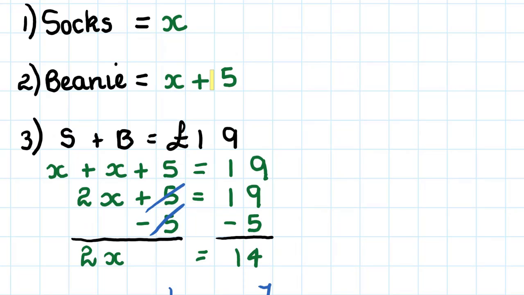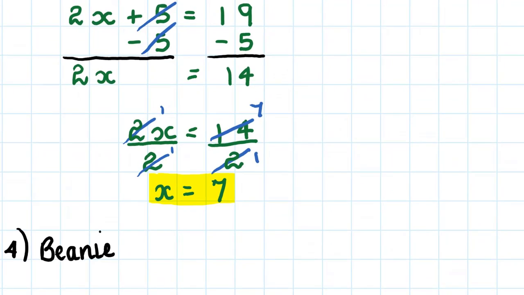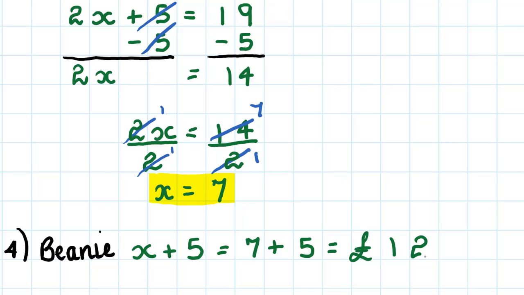We'll write that down again. The beanie expression is x plus 5. And we know that x is equal to 7. So the beanie is 7 add 5, which equals £12. 7 add 5 is 12. So we'll highlight the answer.